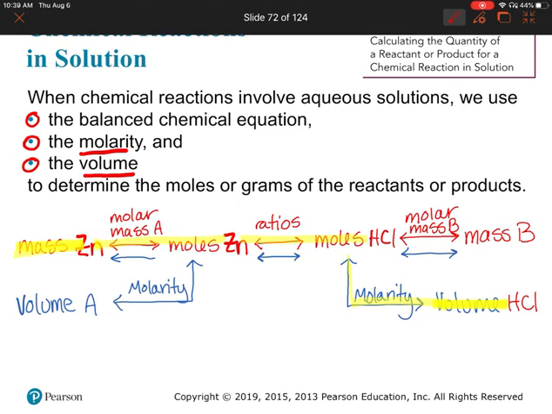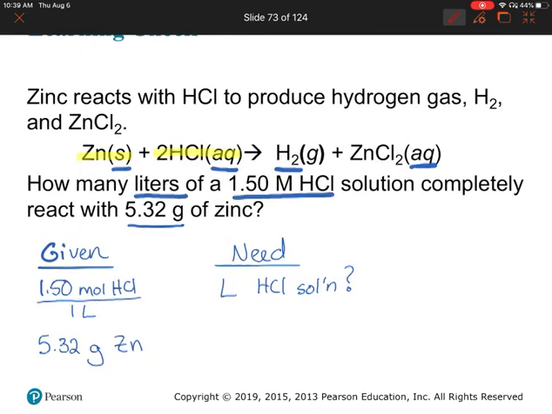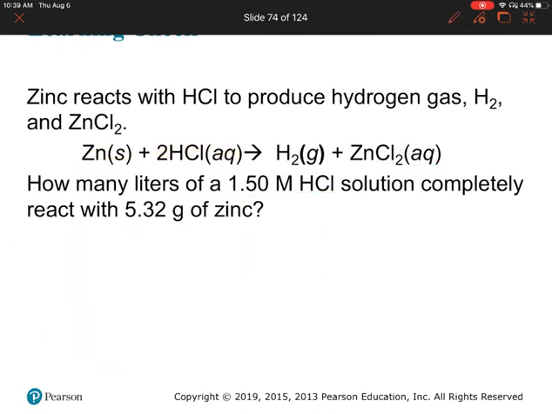Okay, so let's follow this plan of attack here. I'm going to rewrite that flowchart. First step, we're converting from mass to moles for zinc using the molar mass.